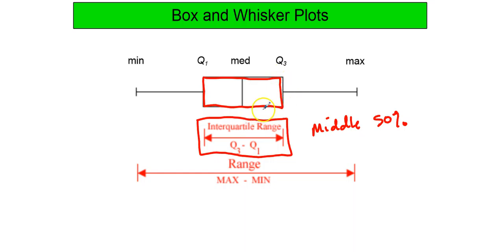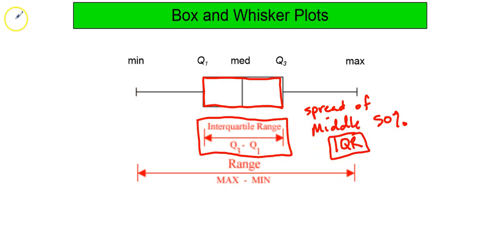Well, that's what the box represents, and specifically the interquartile range, or IQR, measures the spread, or how spread out the middle 50% of the data is. So the interquartile range is your next measure of spread.